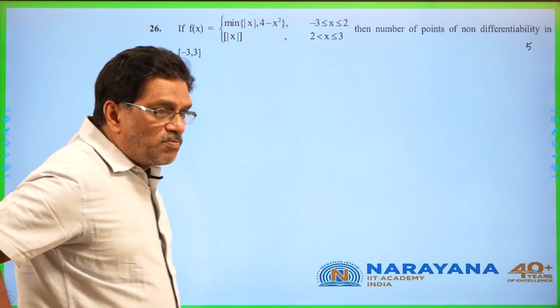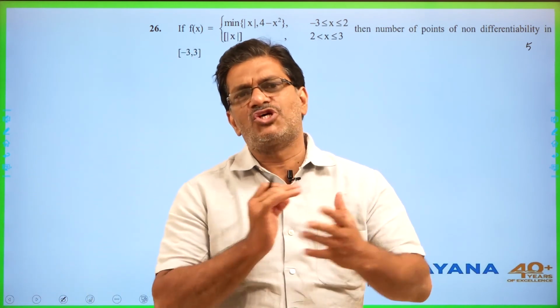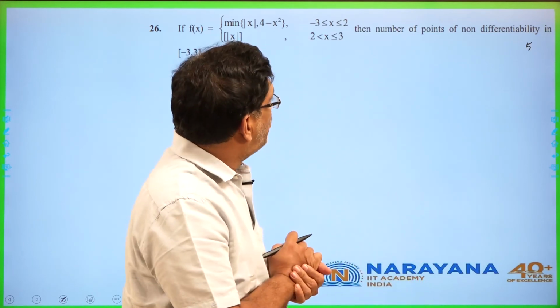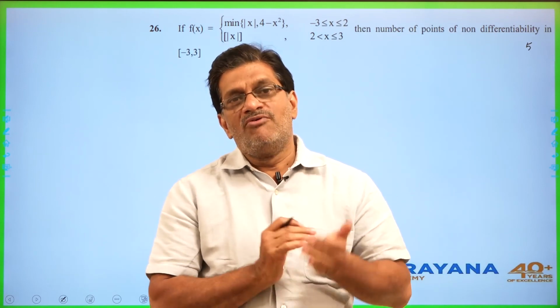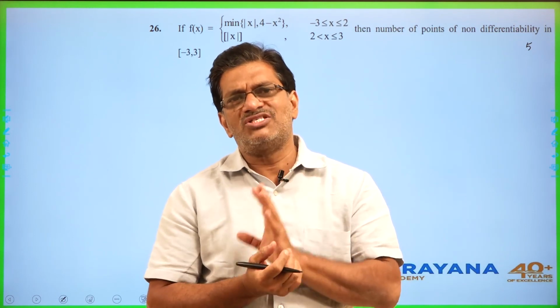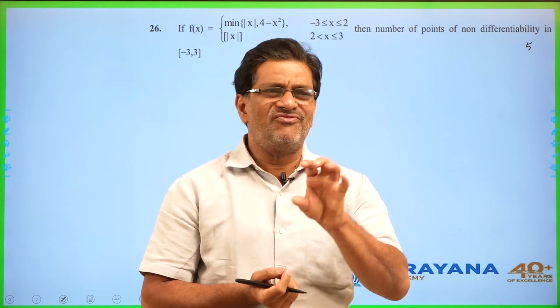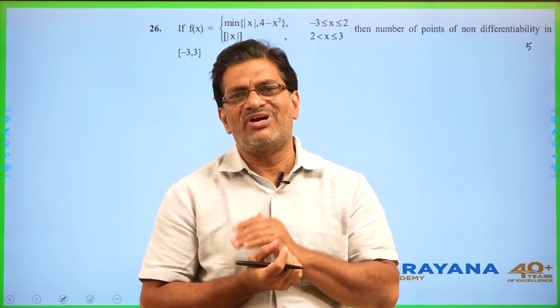Yeah, one good problem. Whenever minima, maxima is given, first you have to draw the diagram. And non-differentiable points: we know that when you draw a diagram, wherever a corner occurs, at all such corners the curve is non-differentiable, because differentiability is directly linked to dy by dx, which is the slope of a tangent.